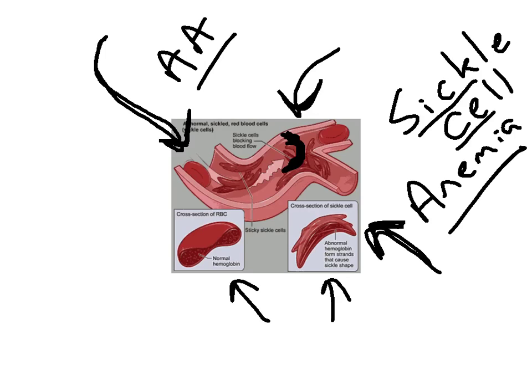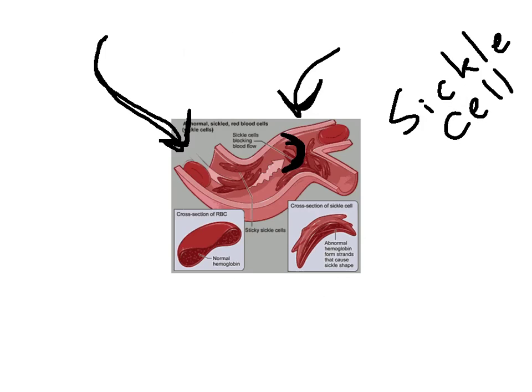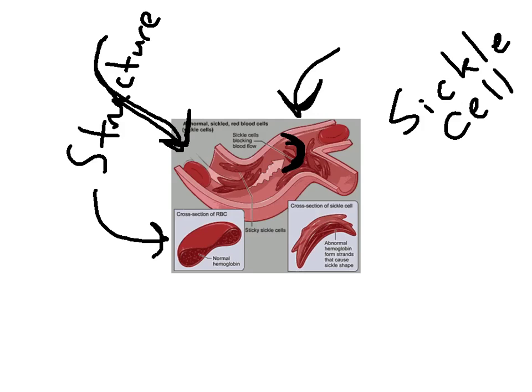And actually, if you look at it carefully, this is a perfect example of structure and function. If the cell looks like this, if its structure is this way, then it functions normally. It can flow through the capillaries easily and smoothly, no problem, life is good.